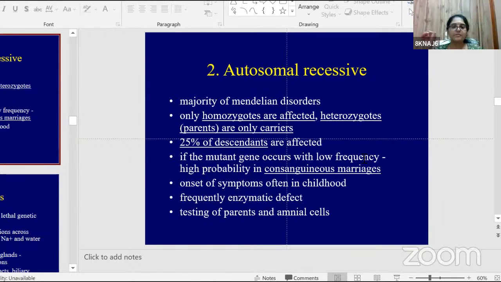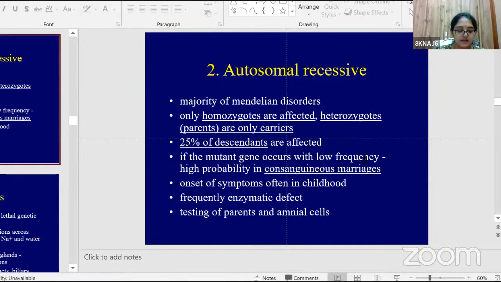Then you have a 25% chance in the pregnancy that the child can be affected. The frequency is higher in consanguineous marriage, that is marriage within relatives, than in marriage between unrelated individuals.